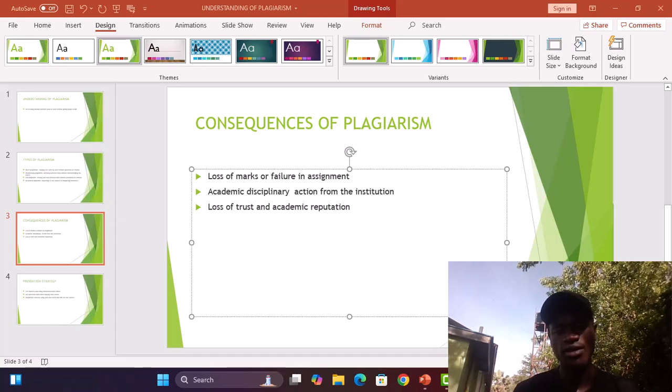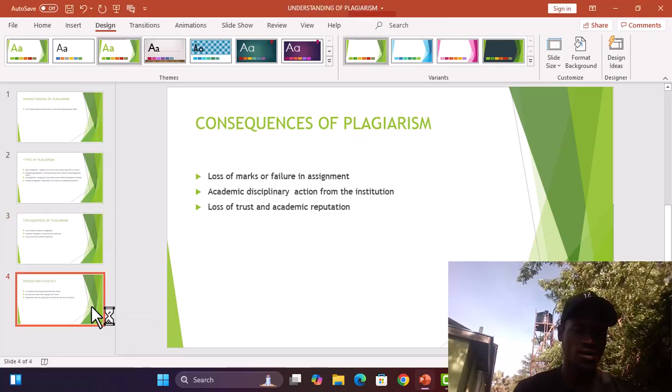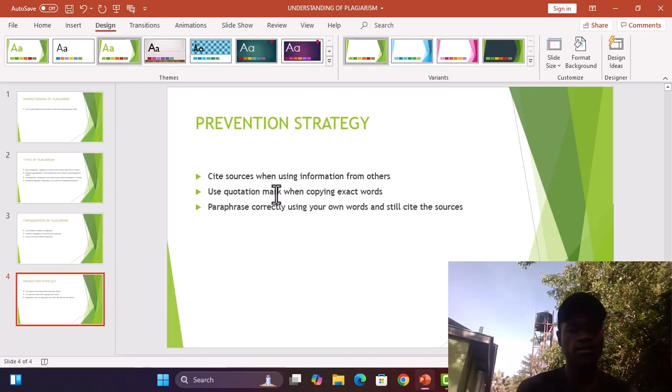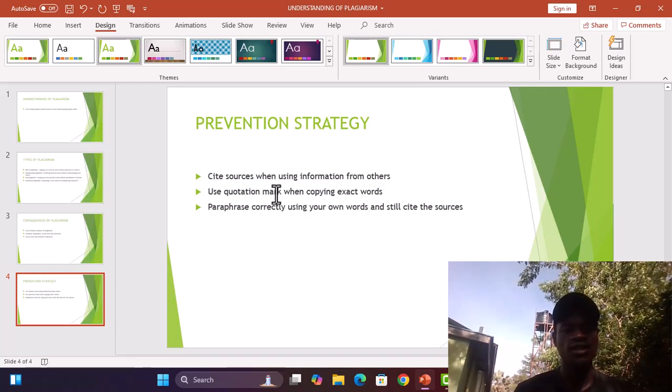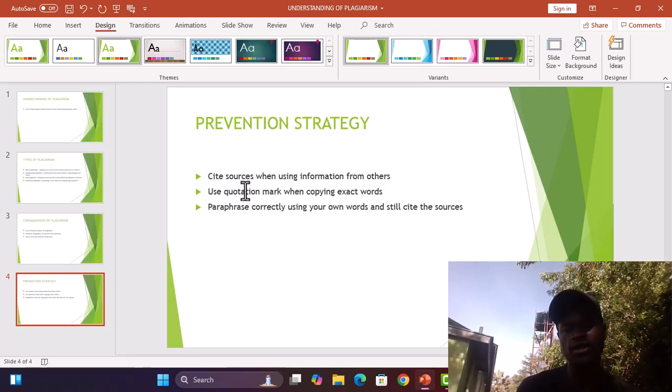Now we have prevention strategies. How can we prevent plagiarism? To prevent it, you have to cite a source when using information from another source. You look for the information from the other source, then you cite the source. You use quotation marks when copying exact words, so you quote the exact words of the author who came up with that information.